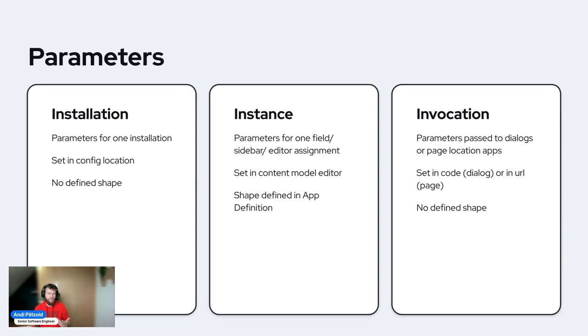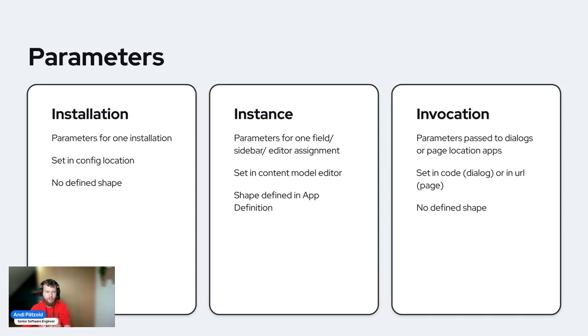Those must be defined within the app definition, and so they have a quite fixed shape, and you can configure those within the content model. I'll show you that then.